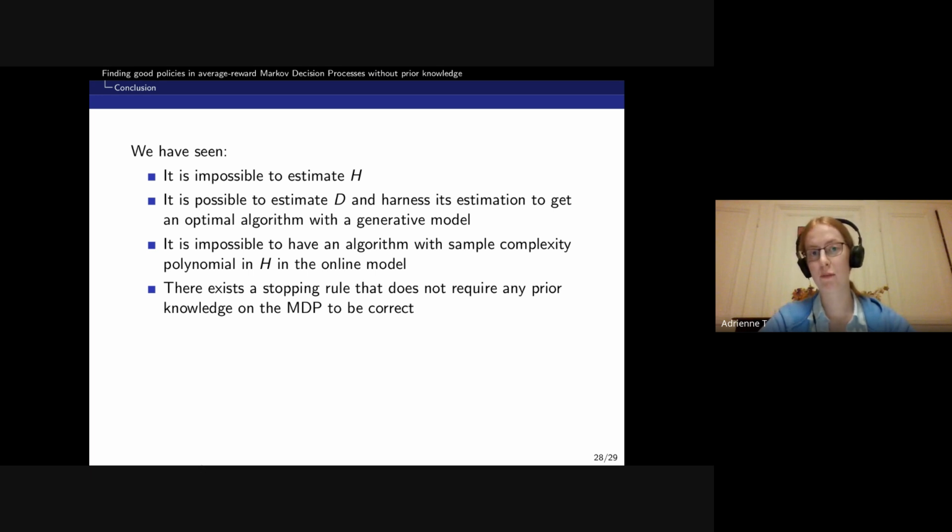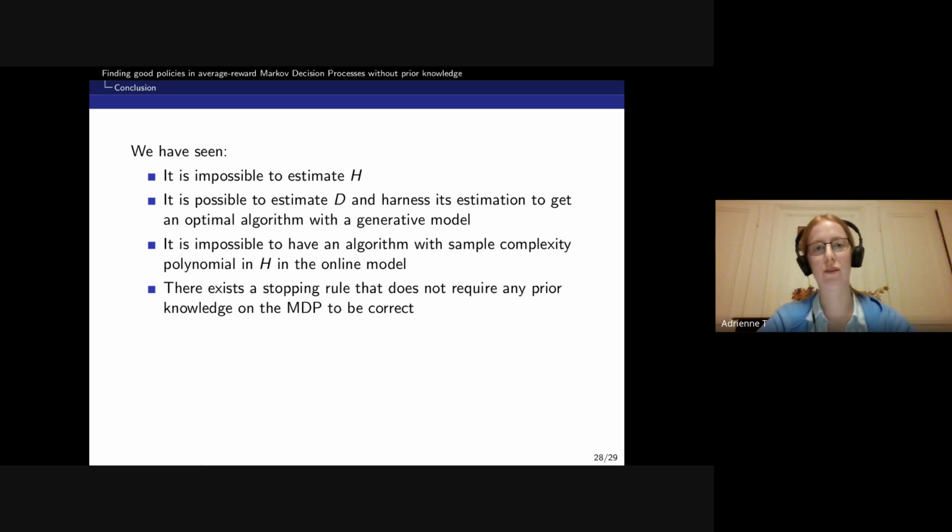However, we've seen that it's possible to estimate the diameter and to harness that estimation to get optimal algorithms in the regime of small epsilon with a generative model. We've seen that it's completely impossible to have algorithms with sample complexity polynomial in H in the online model, whether we try to estimate it or not. It's really not the right quantity. And finally, we've shown that there is some stopping rule that is correct without any prior knowledge.